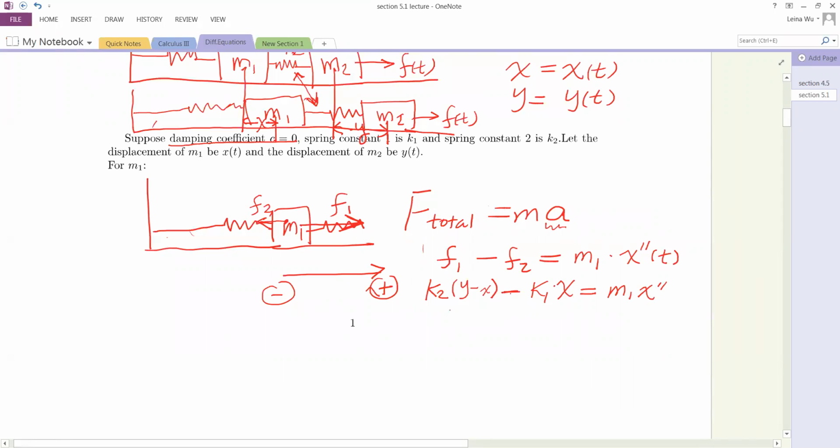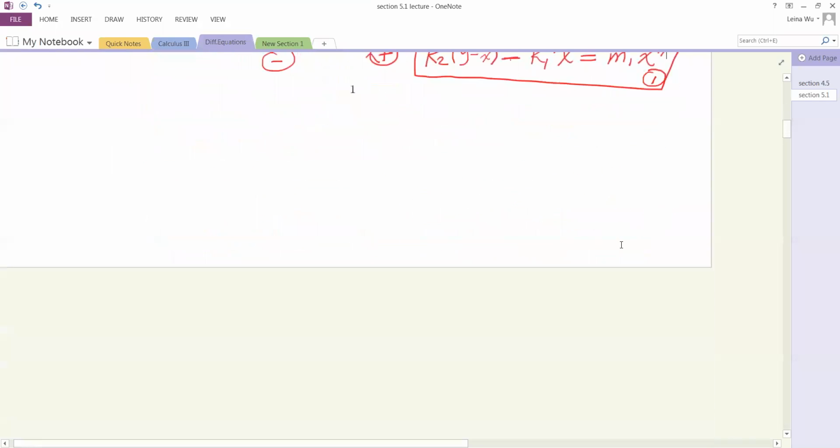Okay, so this is the first equation about mass M1. We can call this equation 1. Is that clear? Yeah. All right, let's move on to mass number 2.